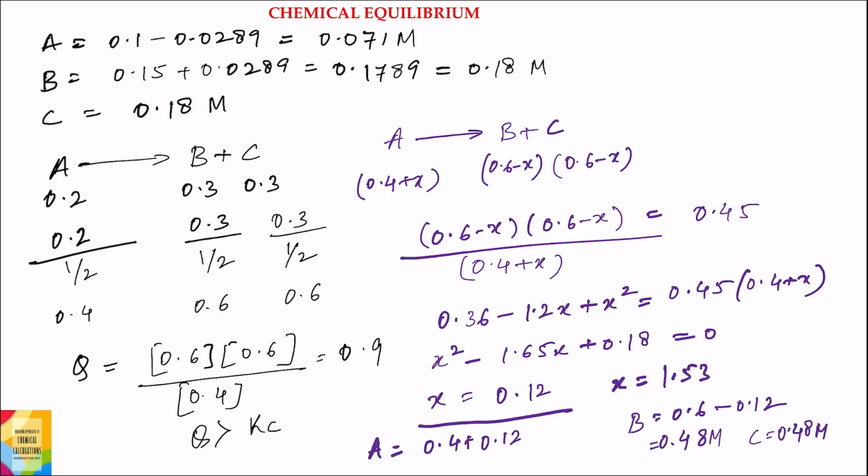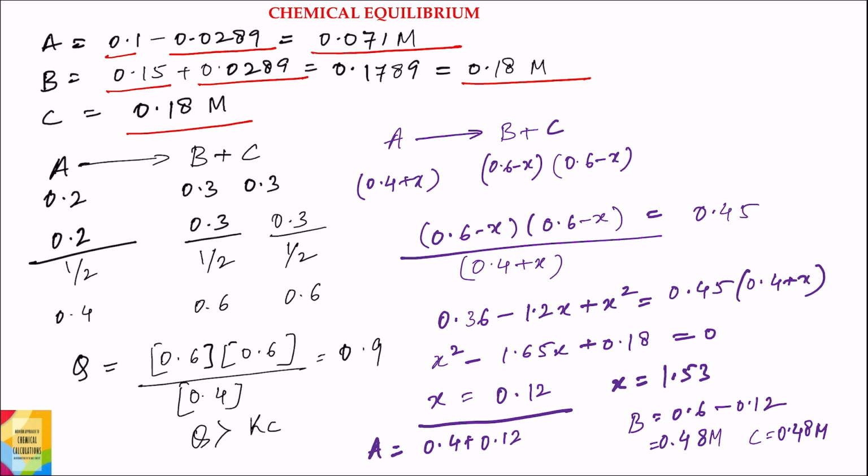So the new equilibrium concentration of A is 0.1 minus 0.0289, which is equal to 0.071 moles per liter or M. New equilibrium concentration of B is 0.15 plus 0.0289, which is approximately equal to 0.18 M, and new equilibrium concentration of C is 0.18 M because concentrations of B and C are equal, they are same according to the equation.